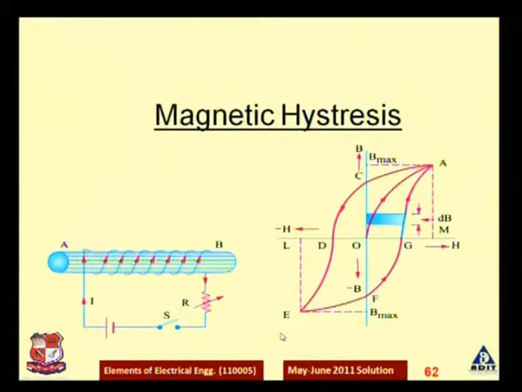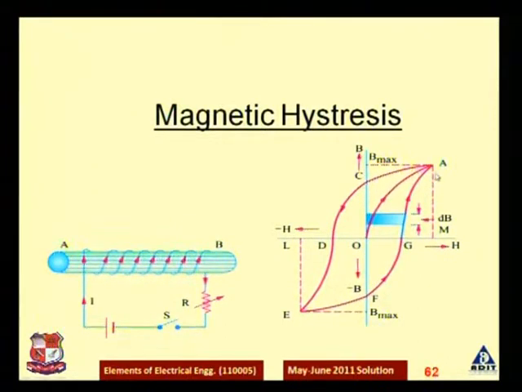So the magnetic hysteresis curve will look like this, where you are connecting a coil with a resistor and a switch. So what will happen? How will this magnetic hysteresis loop be formed? See, initially when you put this switch in the on condition, the current will flow through the inductor, or you can say that this H is getting increased.